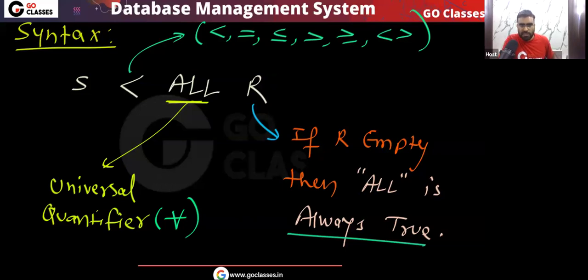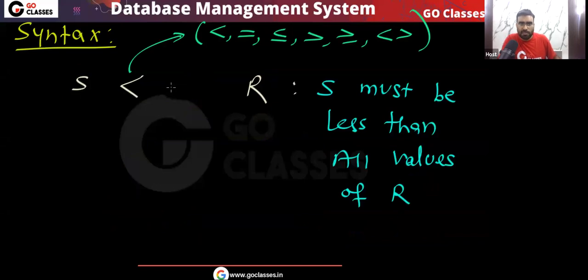Now let's see the next, that is some or any. In the GATE exam they are going to give you any, but you are going to cancel it and think some. Just cancel it and write some.